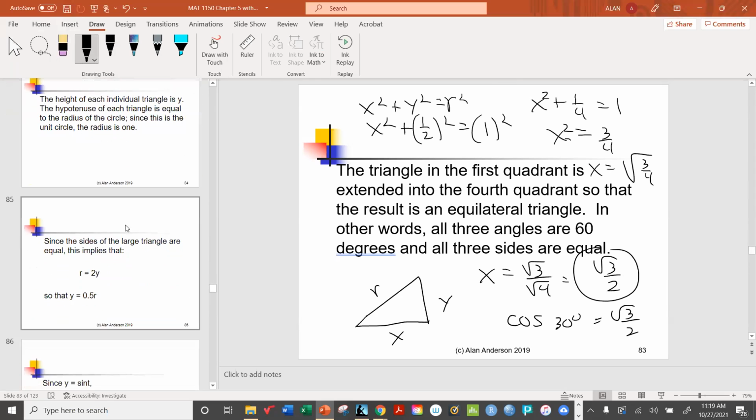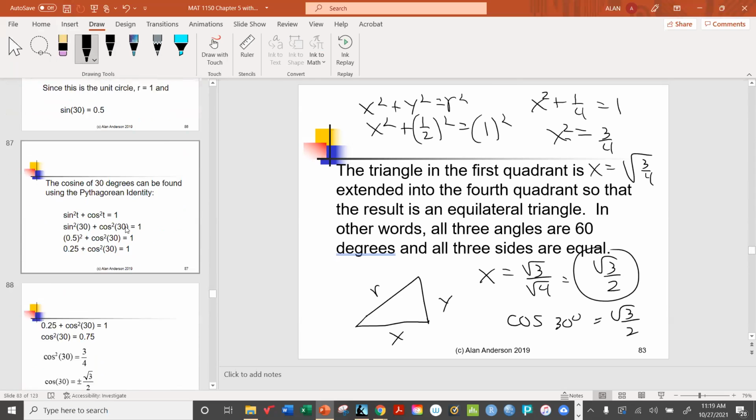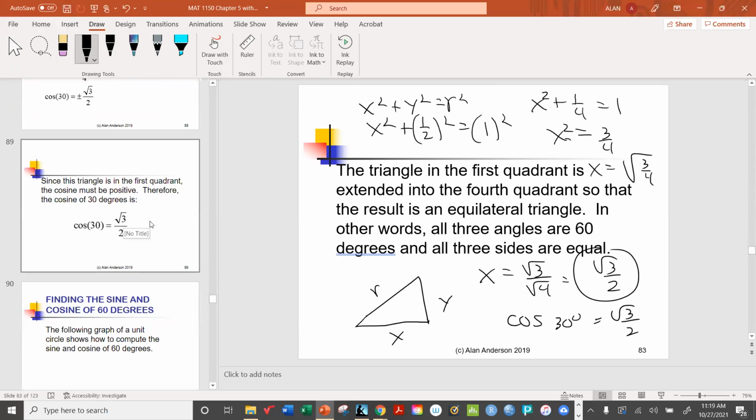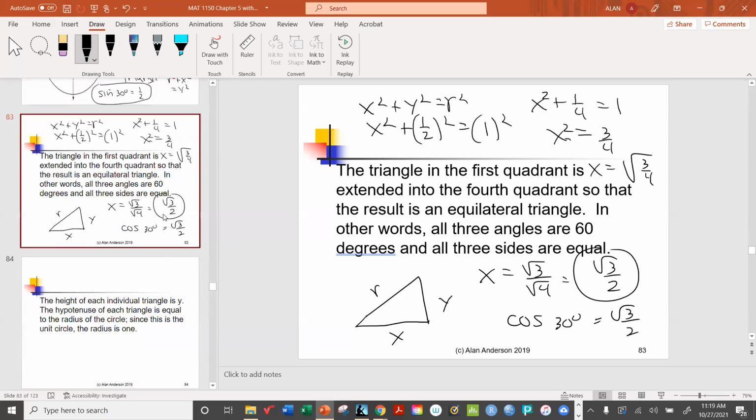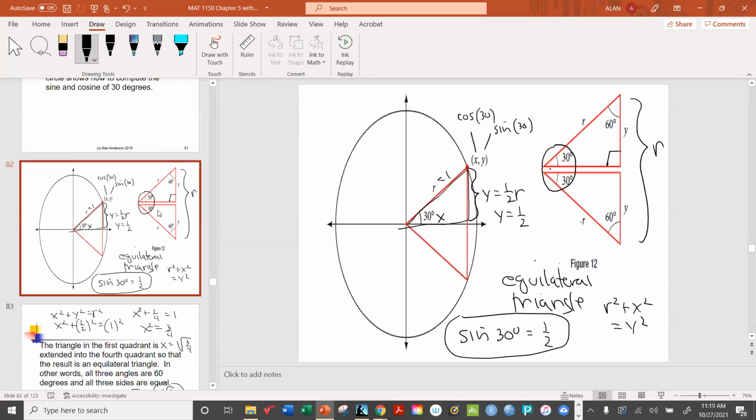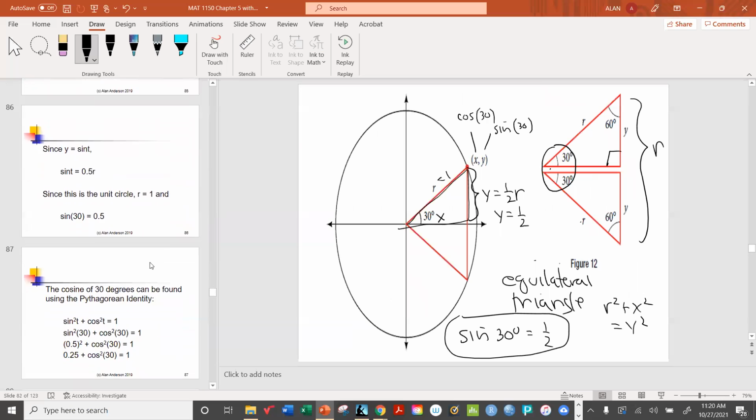So that one was kind of a mess, but we got it. Okay, so the whole idea here is that you can figure out the cosines and the sines of 30 degrees by describing an equilateral triangle, but it does have to spill over into the fourth quadrant. So it's a little bit messier, but there it is.